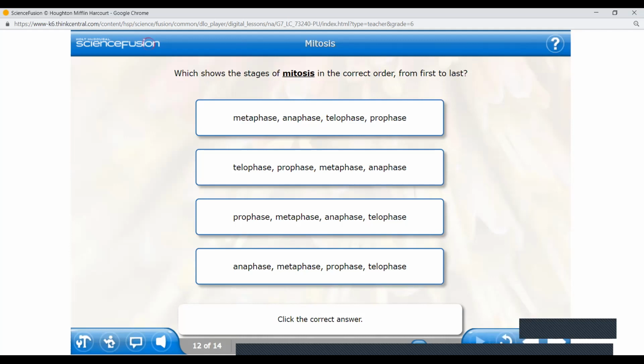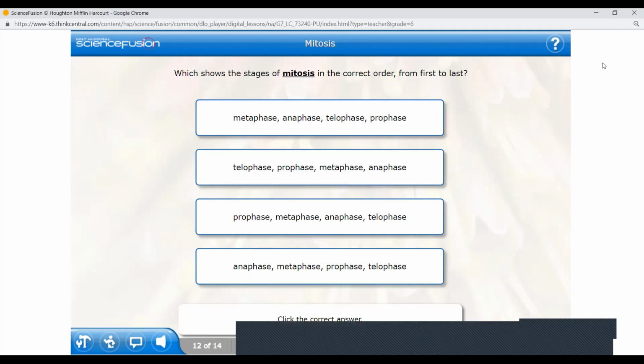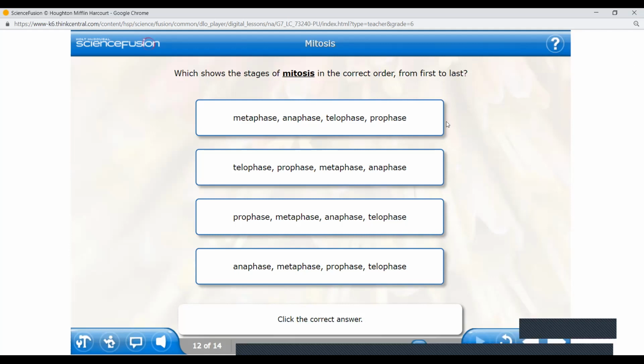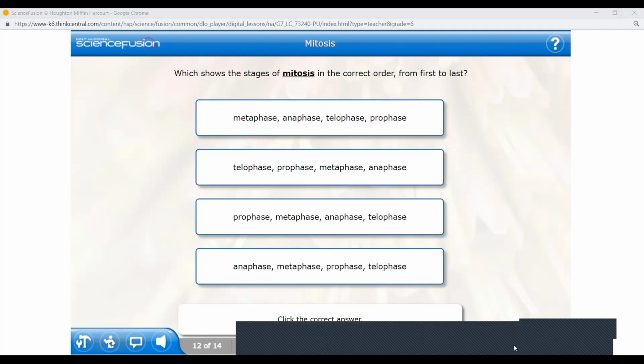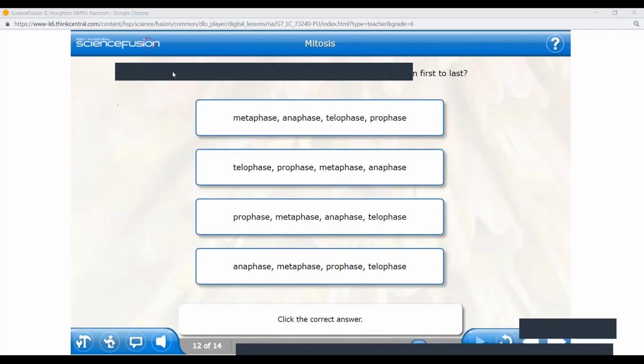What is the short form here, Malak? I told you the short form is PMAT. So it's number 3, miss. Yes, number 3.